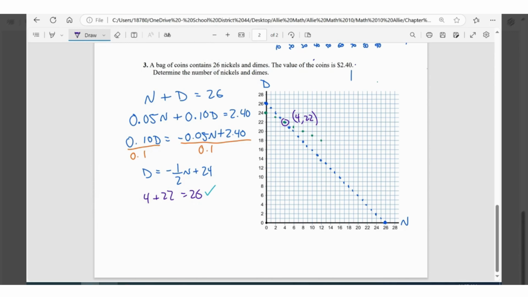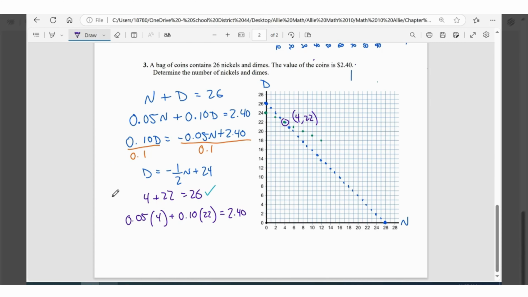Is it true that 0.05, 5 cents, times 4, plus 0.10, 10 cents, times 22, equals $2.40, not 50 cents? And then I'll also graph this guy quickly.